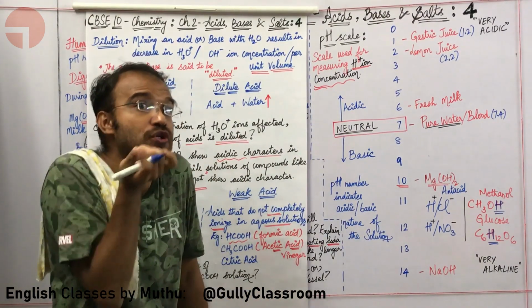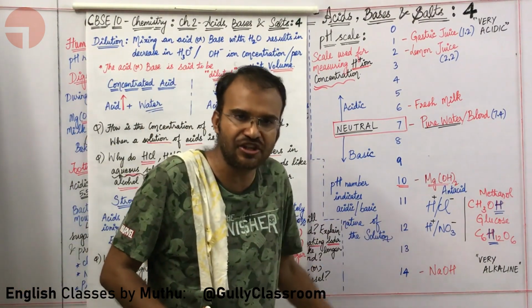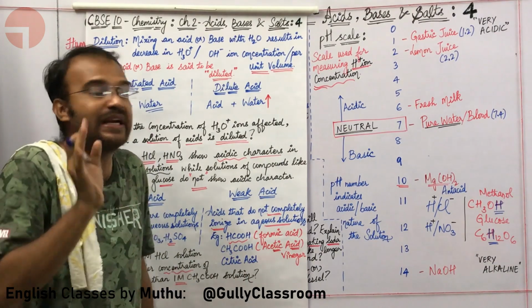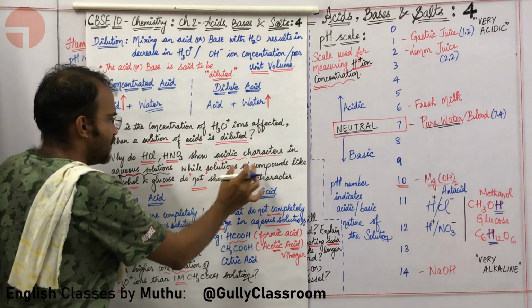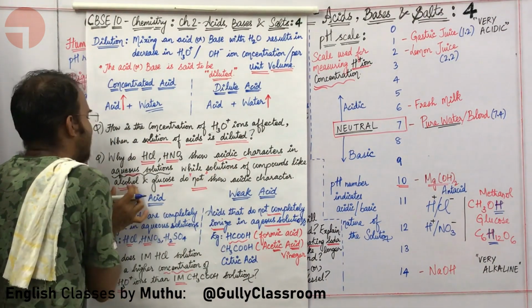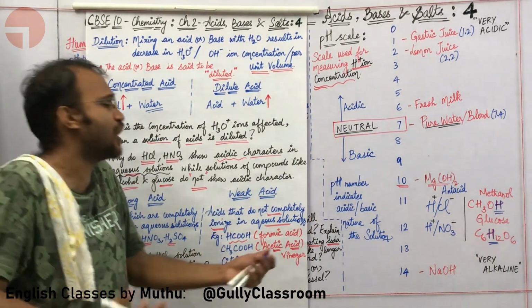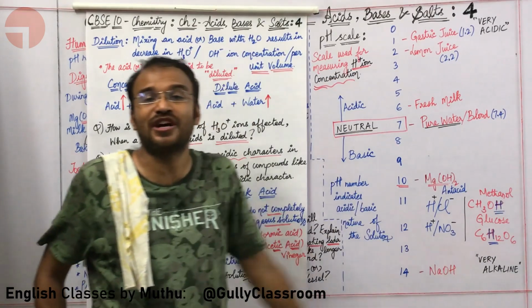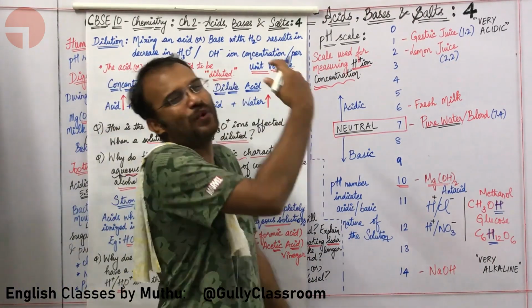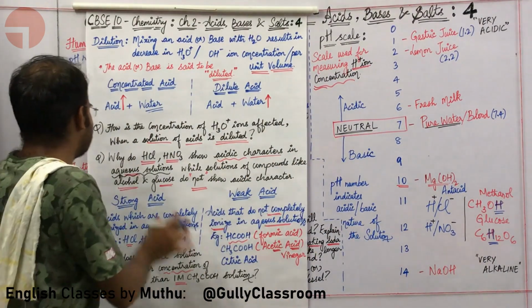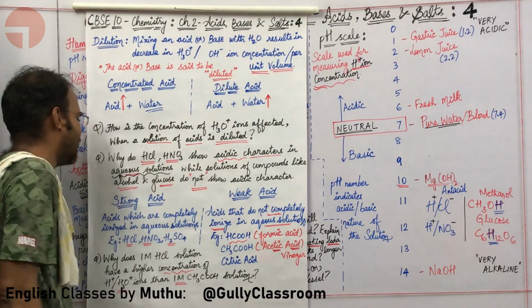Hence, the solutions of compounds like alcohol and glucose do not show acidic properties because no H plus ions are formed when they are dissolved in water. Are you able to understand how I am analyzing this particular question?